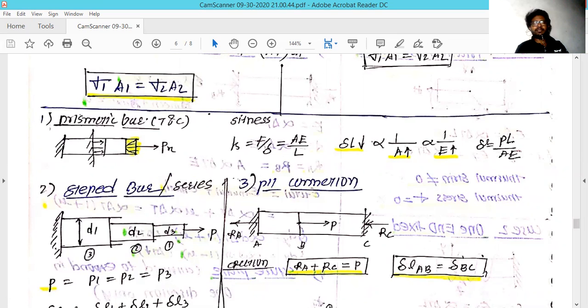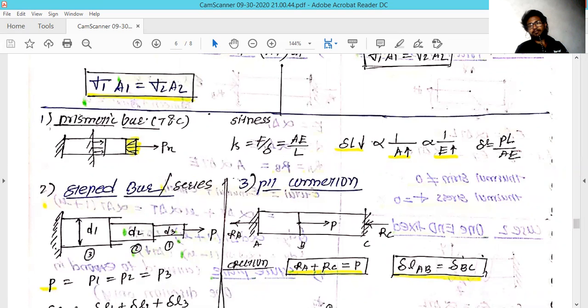The second condition is the value of E. If you take a higher E value, in that condition there will be very low change in length of that cross section. For example, if you take two rods which hold the same cross section, and you try to pull them, one is a steel rod and another is an aluminum rod.